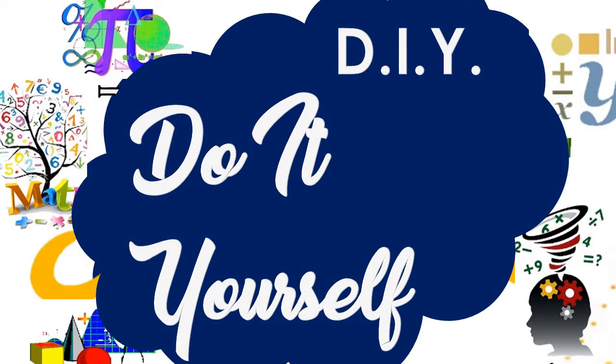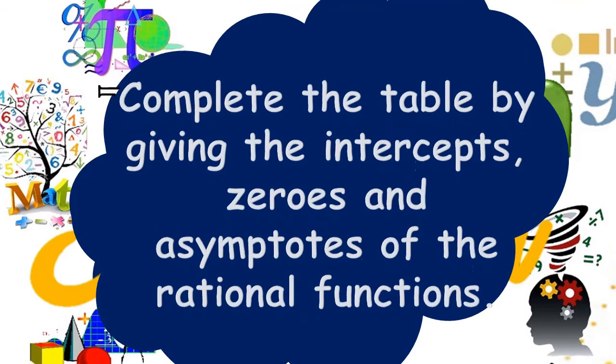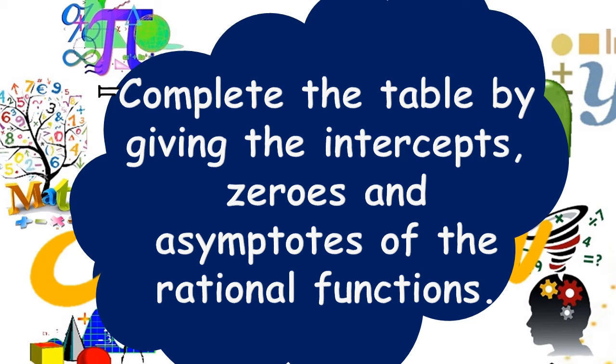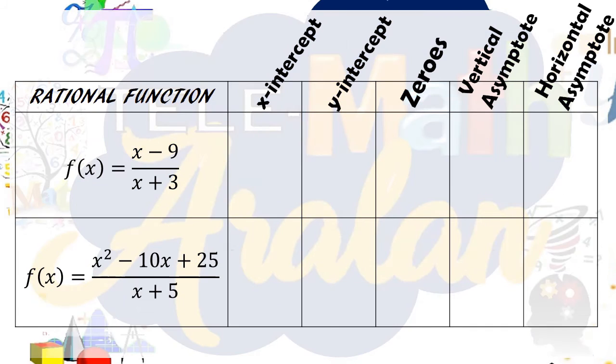DIY. Do it yourself. Complete the following table by giving the intercepts, zeros, and asymptotes of the rational functions. I will give you enough time to answer this, and your time starts now.